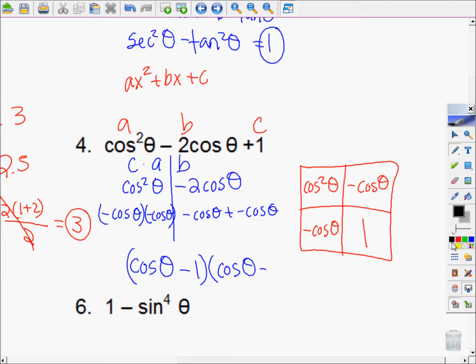Cosine theta. And what's the greatest common factor here? 1. And here? 1. What would these ones have to be in order for this to be negative and this to be positive? Negative. So therefore your factors are cosine theta minus 1 times cosine theta minus 1. And that's CAB.